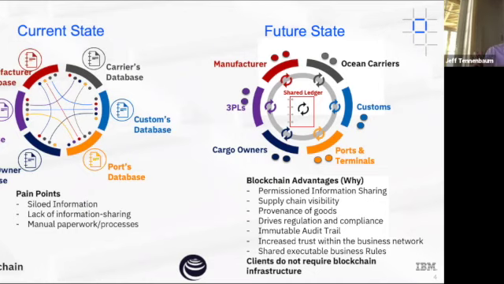So now when a transaction occurs, the information which gets written to one organization's ledger is the same information which gets replicated to the other organization's ledger as well. So now if I'm the manufacturer, a cargo owner, or an ocean carrier, I'm going to have consistent information and shared information that I'm going to act upon.